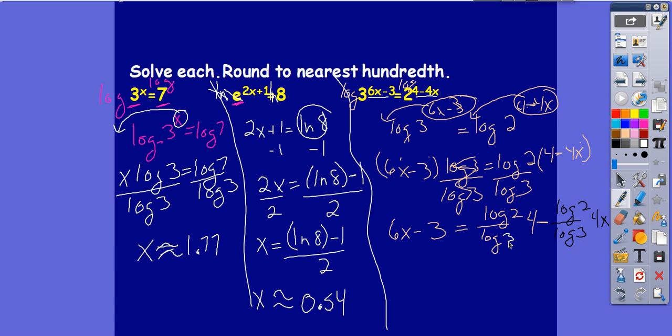So 6x minus 3, and multiply that by 4. So 2.5237 minus 2.5237x. So I'm going to add this.